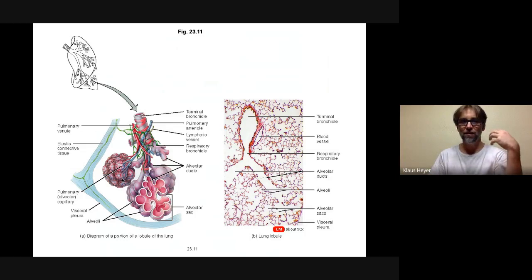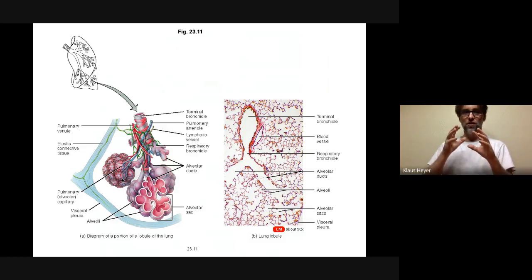It ends here at the alveoli. And you notice that the alveoli are covered with blood vessels, the pulmonary capillaries. So this is where the oxygen enters the blood and the carbon dioxide goes from the blood into the alveolus. So this is where you have gas exchange.